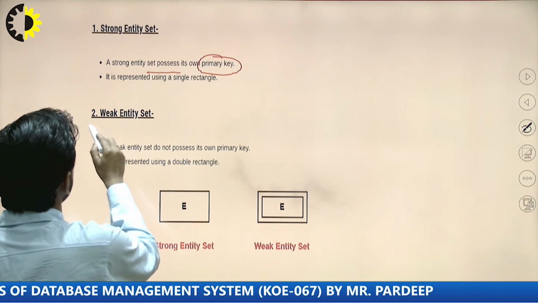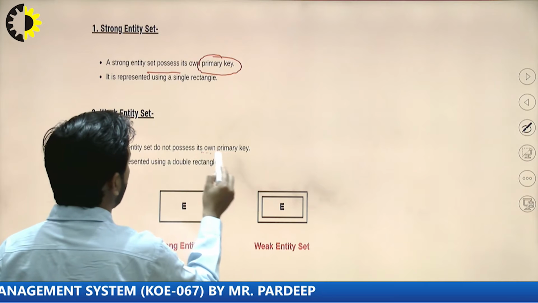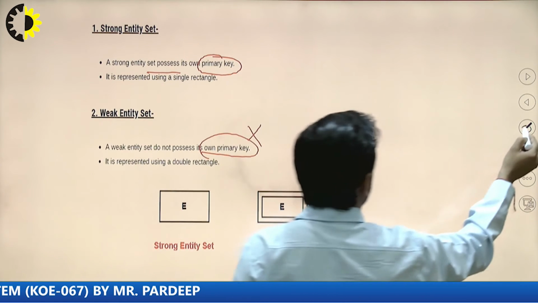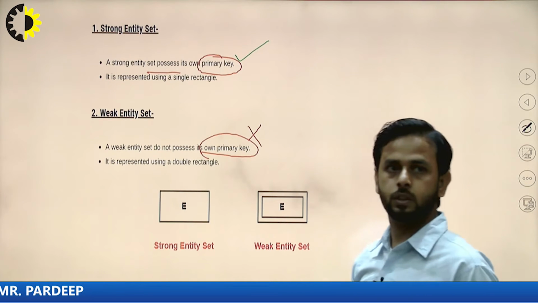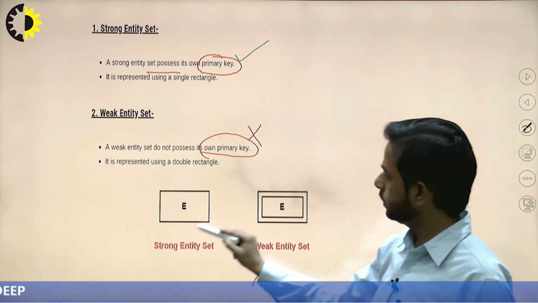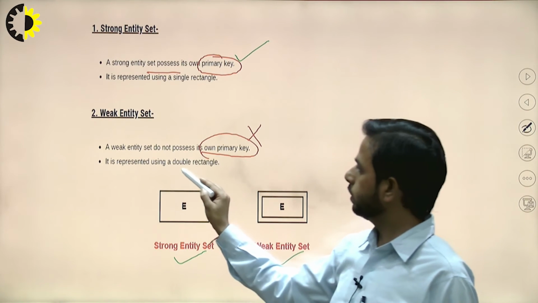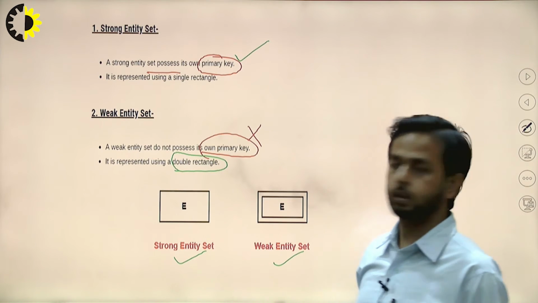Next, weak entity set. A weak entity set does not possess its own primary key, so a primary key is not present in a weak entity, and in a strong entity the primary key is present. So this is the strong entity and this is the weak entity. So a weak entity is represented by a double rectangle.